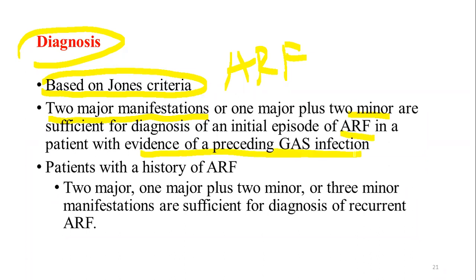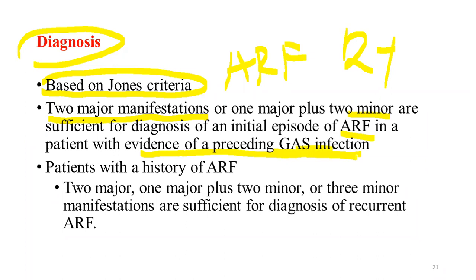So if a patient has a preceding group A infection, what do we need? Two major plus evidence of preceding GAS infection, or one major plus two minor plus evidence of GAS infection is required.